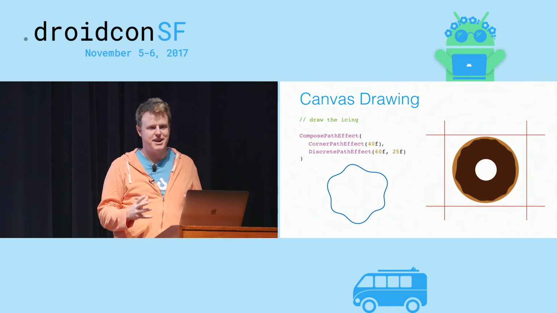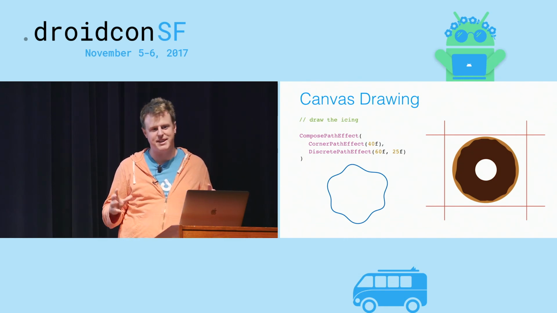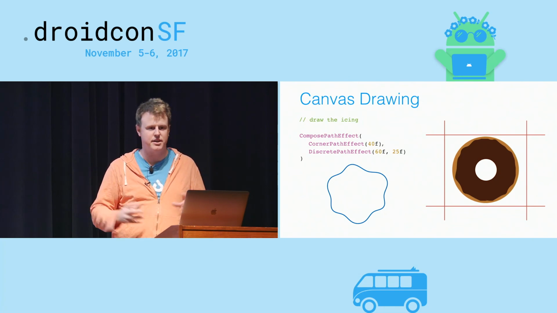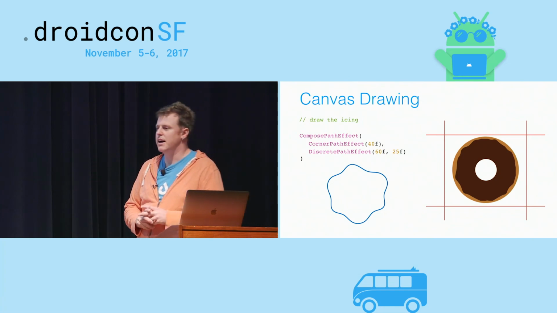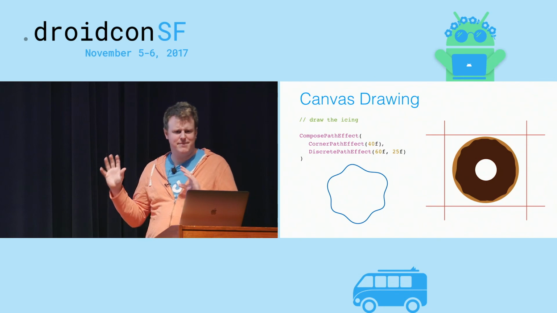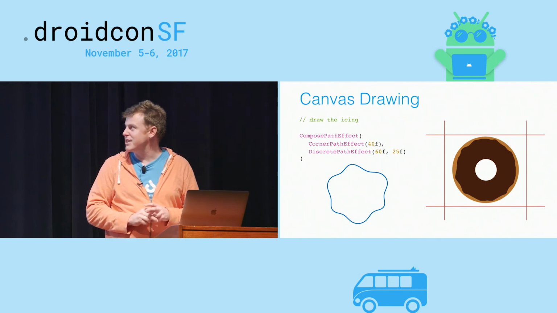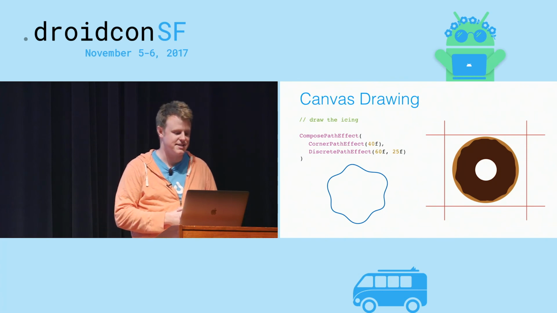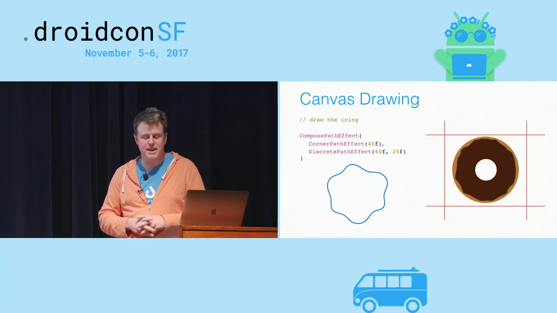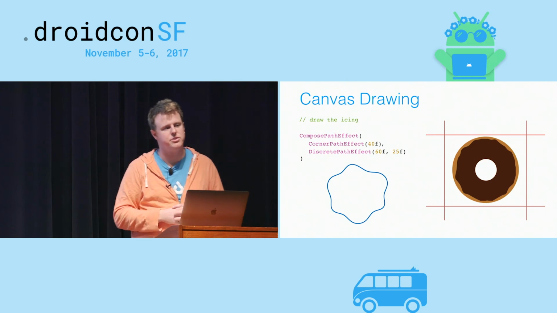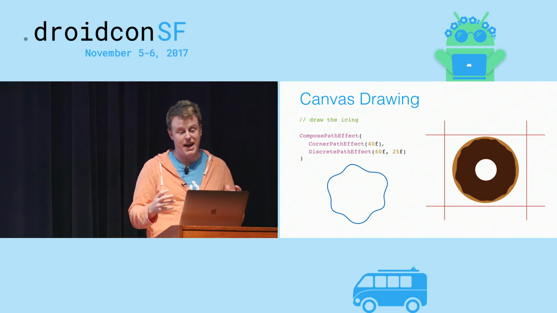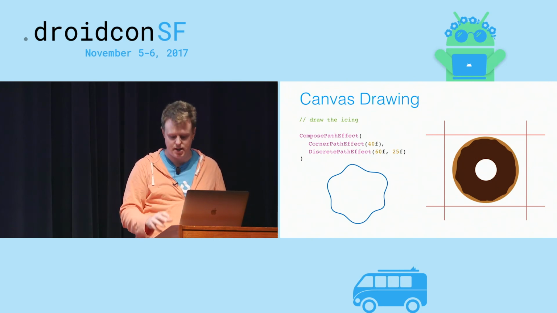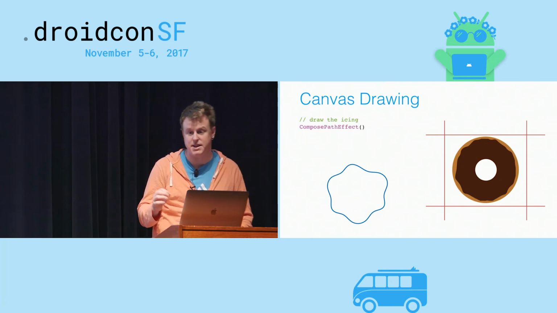And if you read through the documentation, you can kind of understand why they do that, because they envision it as an inner-outer thing. But I don't know. To me, it looks a bit confusing and backwards in practice. But that compose path effect will combine these two, and then we'll just set that to the icing paint, right? To the path effect on the paint.